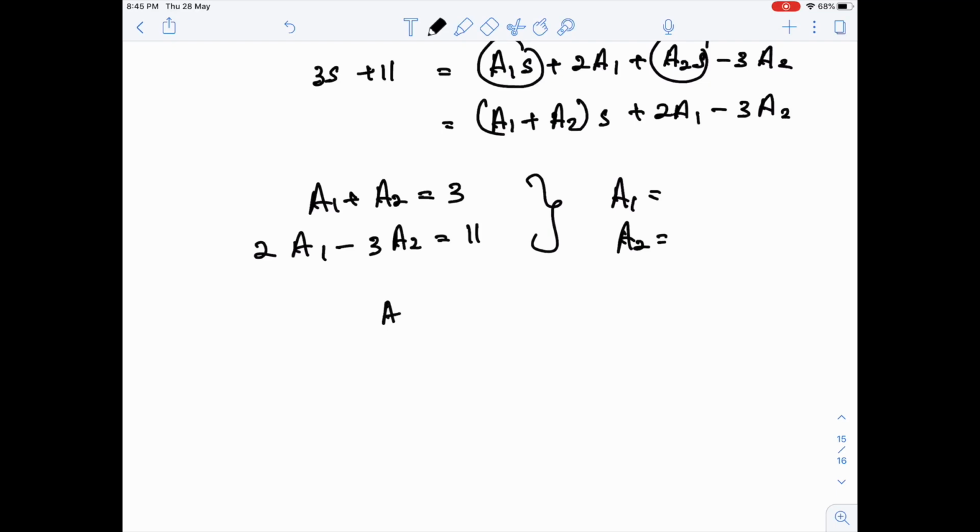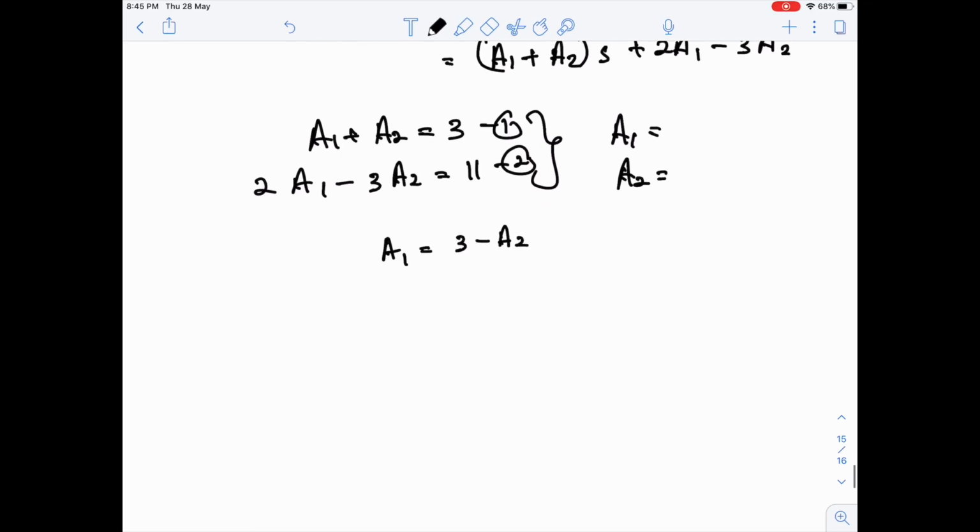From equation 1, you will have a1 equal to 3 minus a2, and then you substitute a1 into equation 2, so you will get 2(3 minus a2) minus 3a2 equal to 11.